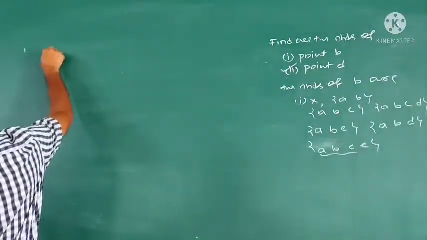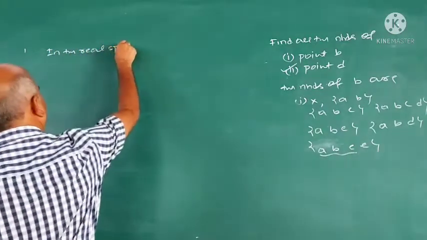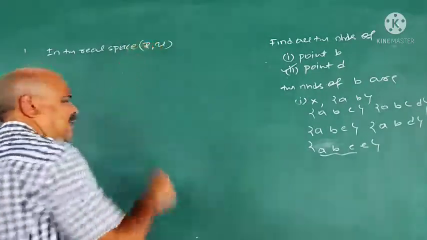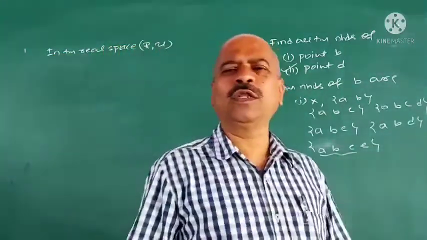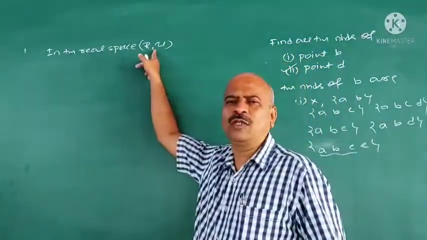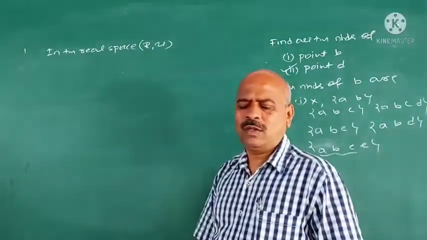Next example is in the real space. What do you mean by real space? If U is the usual topology on R, you have studied this usual topology, then the space (R, U) is called the real space.